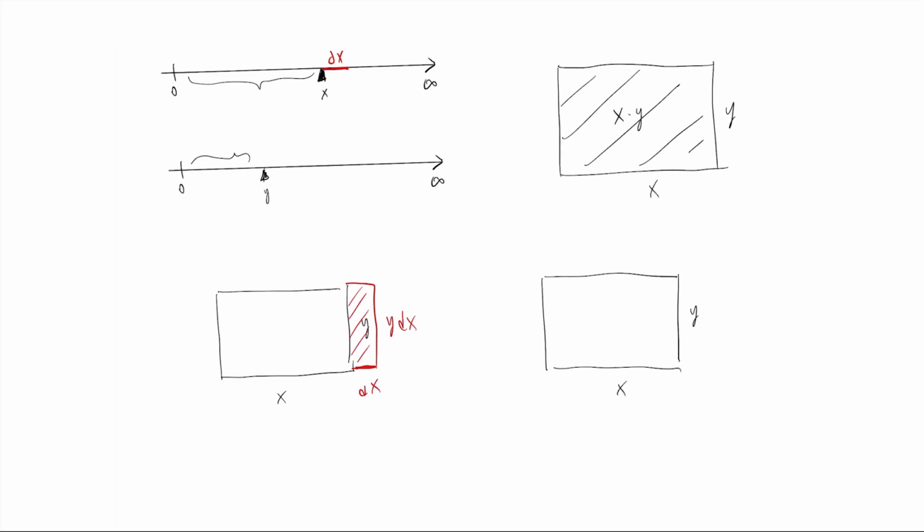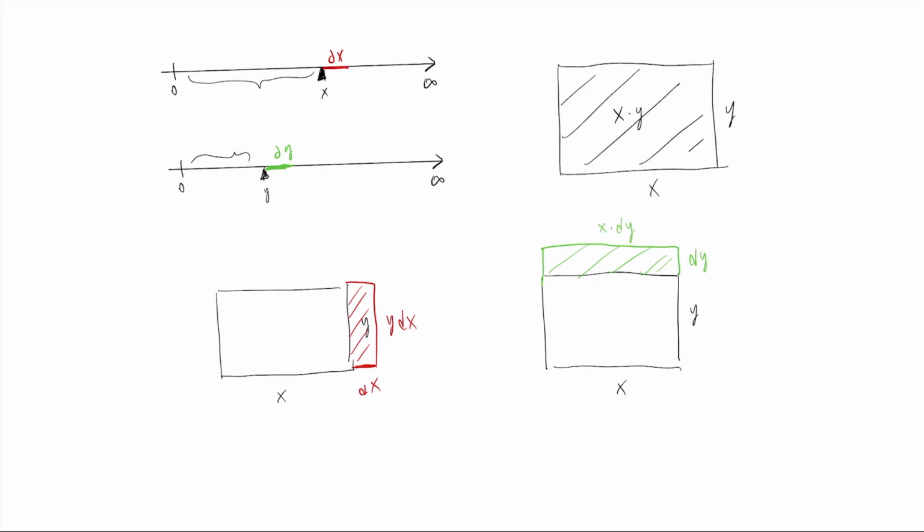Now let's find the second partial derivative, the derivative of the output in terms of the second variable y. We introduce another infinitesimal, which we'll call delta y, and add it to the y in the second case. This is delta y, and this is the new area, which is x times delta y.